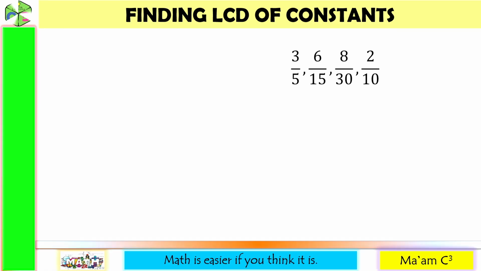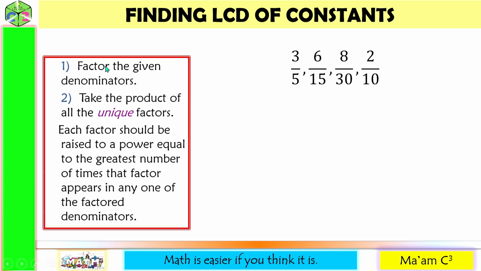Let's determine the LCD of these constants. We have here 3 over 5, 6 over 15, 8 over 30, and 2 over 10. Again, let us recall the steps. First, we have to factor the given denominators. The first denominator is 5. The factors of 5 are 1 and 5.